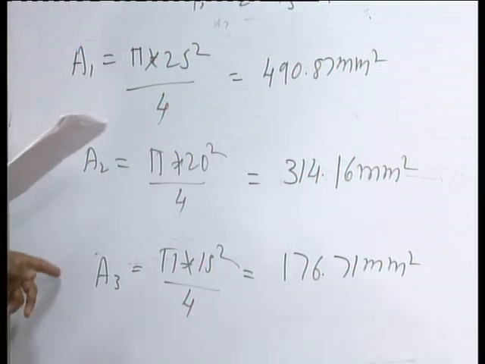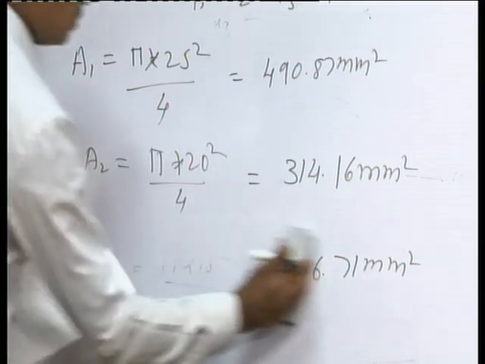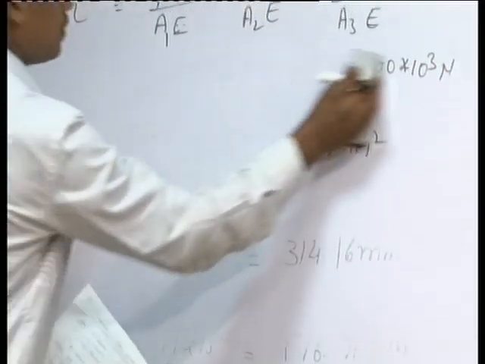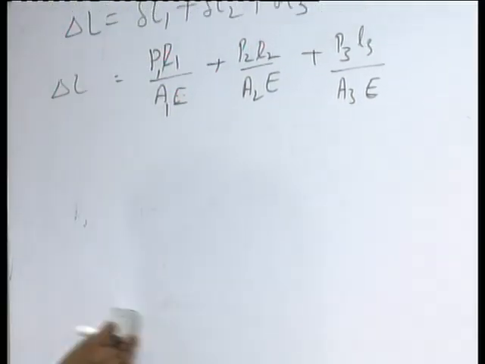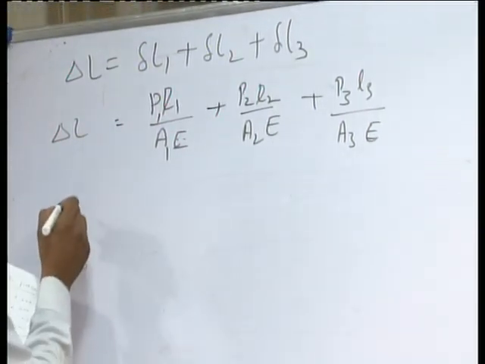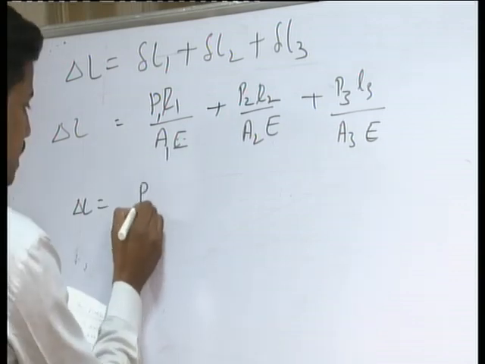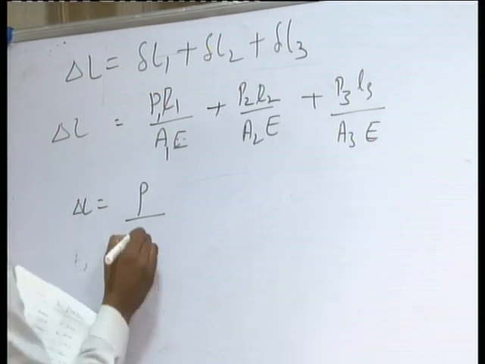If we substitute these values in this formula, delta L is equal to, P is common, so take it as a common factor, and E is common.